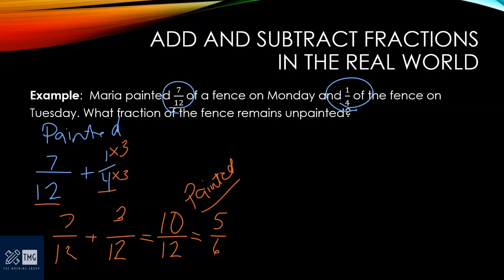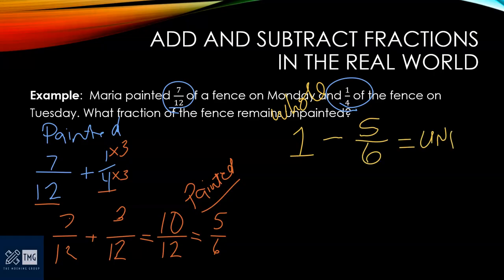Well, if 5/6 is painted, how much is unpainted? Well, 1 is the whole fence, right? The whole fence is represented by 1. And I painted 5/6. So the answer is how much remains unpainted.